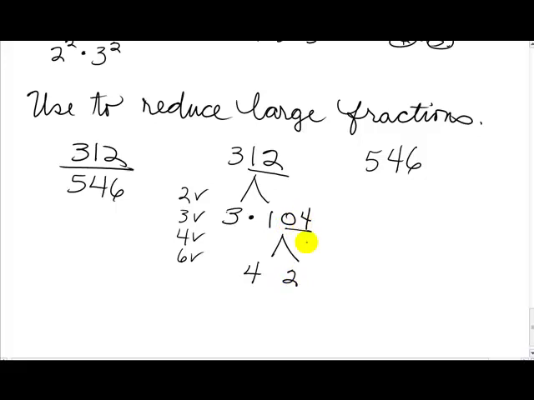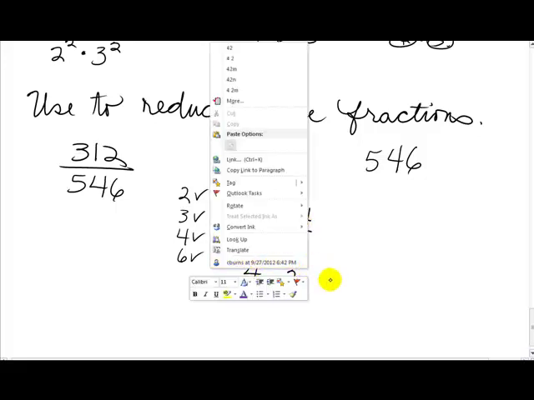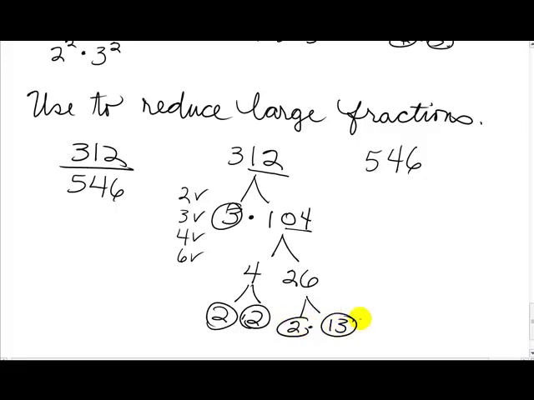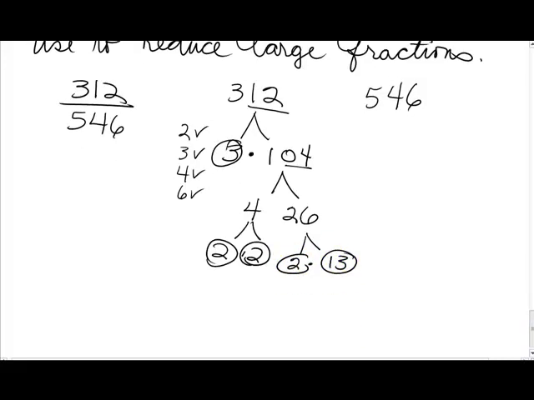Remainder would be 2, so 24. So 4 into 24 would be 6. This is prime. Keep this coming. 2 and 2, those are prime. 26 is even, so I can divide it by 2. 2 times 13. So there are all my prime numbers for 312.